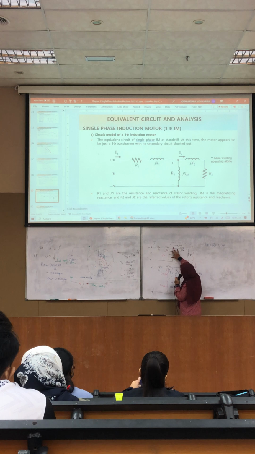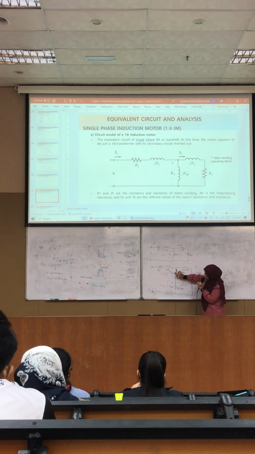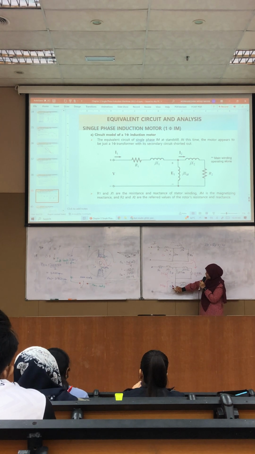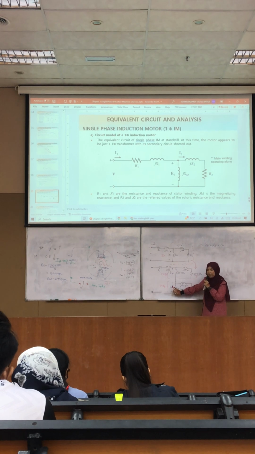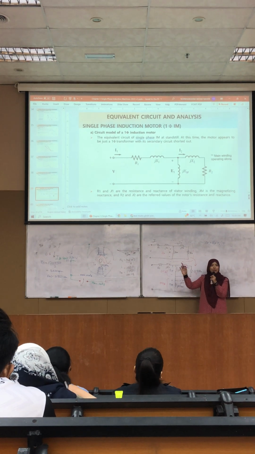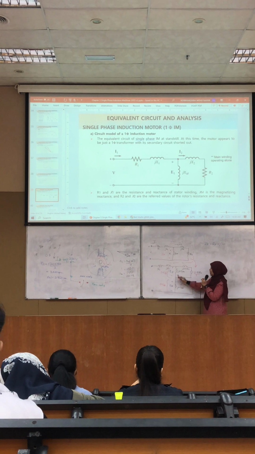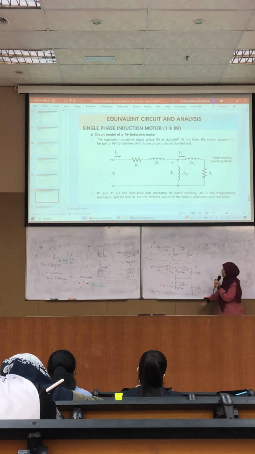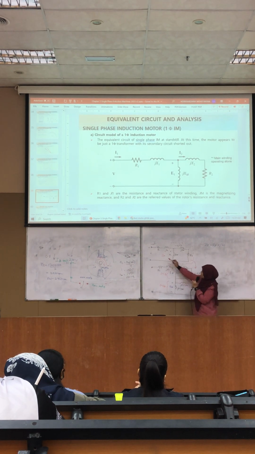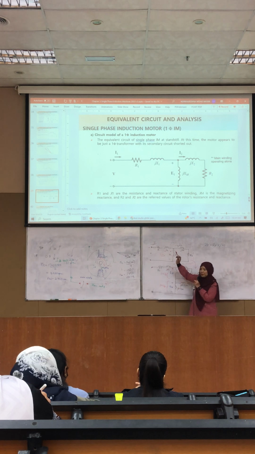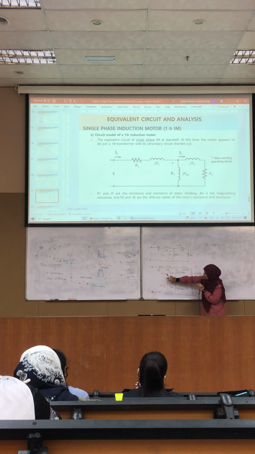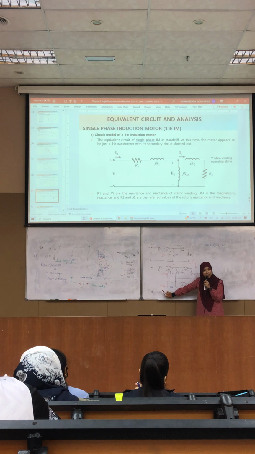So for BEMF, E1, you will divide into 2, E1 forward, E1 backward. Kenapa E1? Sebab E from stator. And then since this one is 1 ZF, when we split into 2, dia akan jadi 0.5, 0.5.